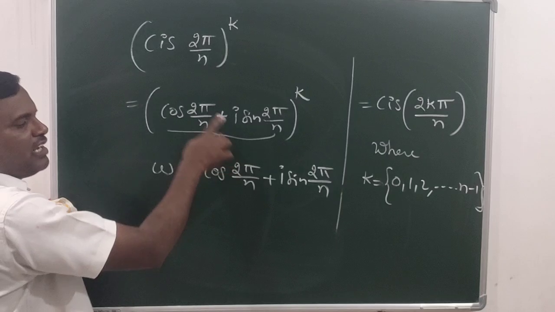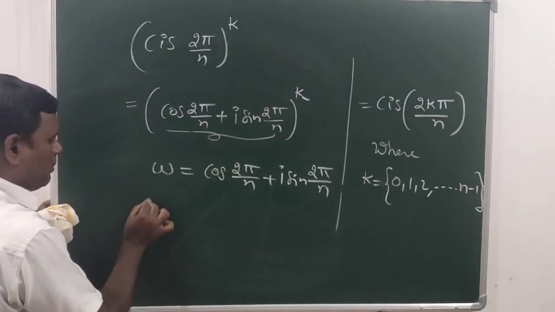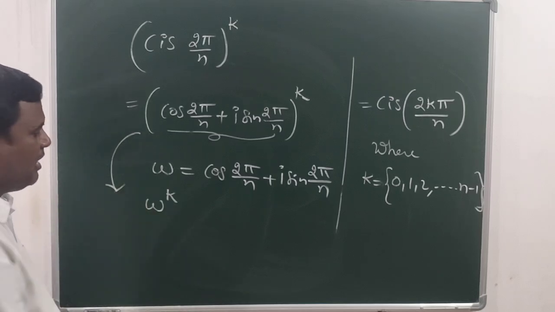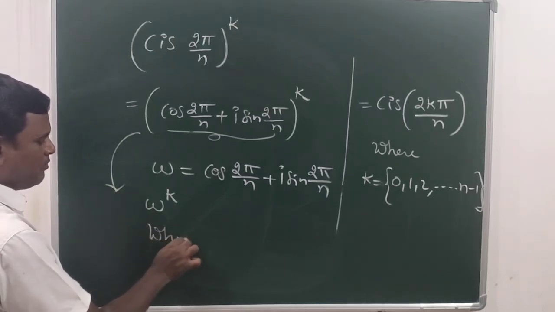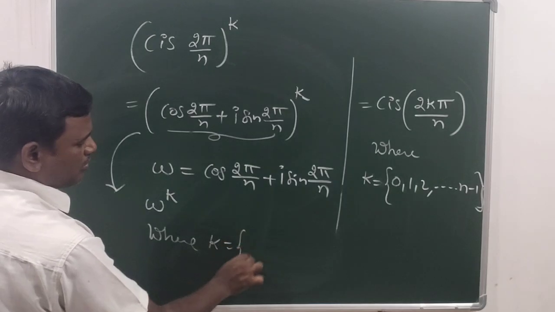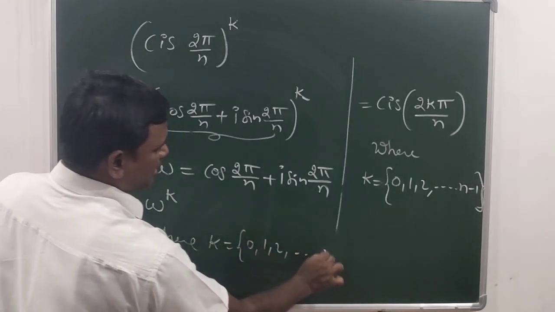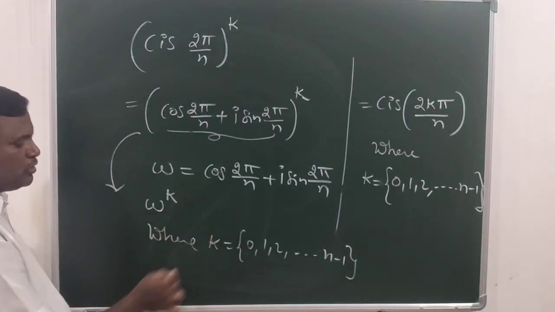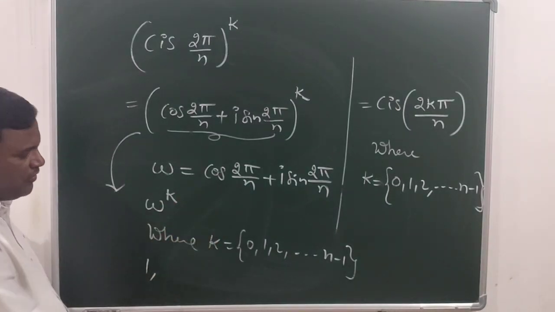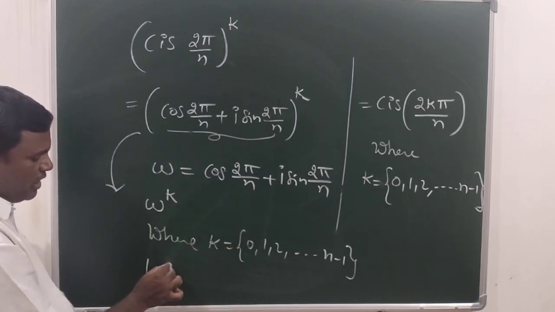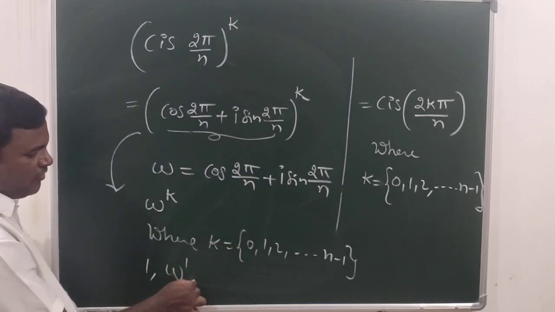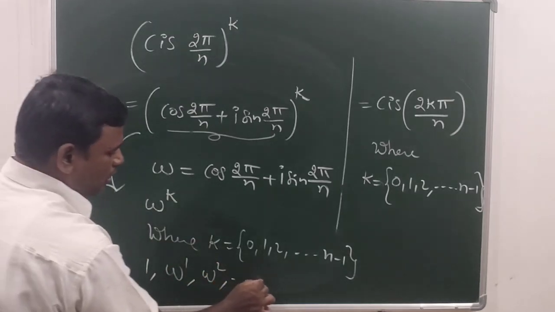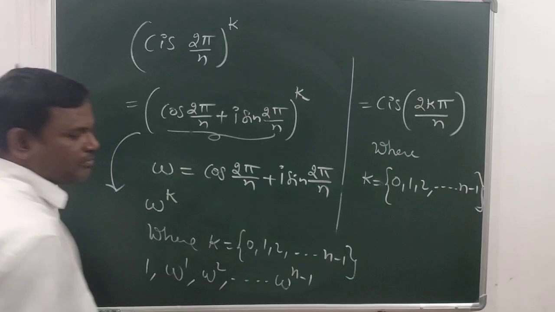If you consider this one as omega, then it will become omega power k, where k runs from 0, 1, 2 and so on till n minus 1. If I write k equal to 0 here, omega power 0 becomes 1. If I write k equal to 1, it will become omega power 1. If I write k equal to 2, it will become omega square and so on, omega power n minus 1.